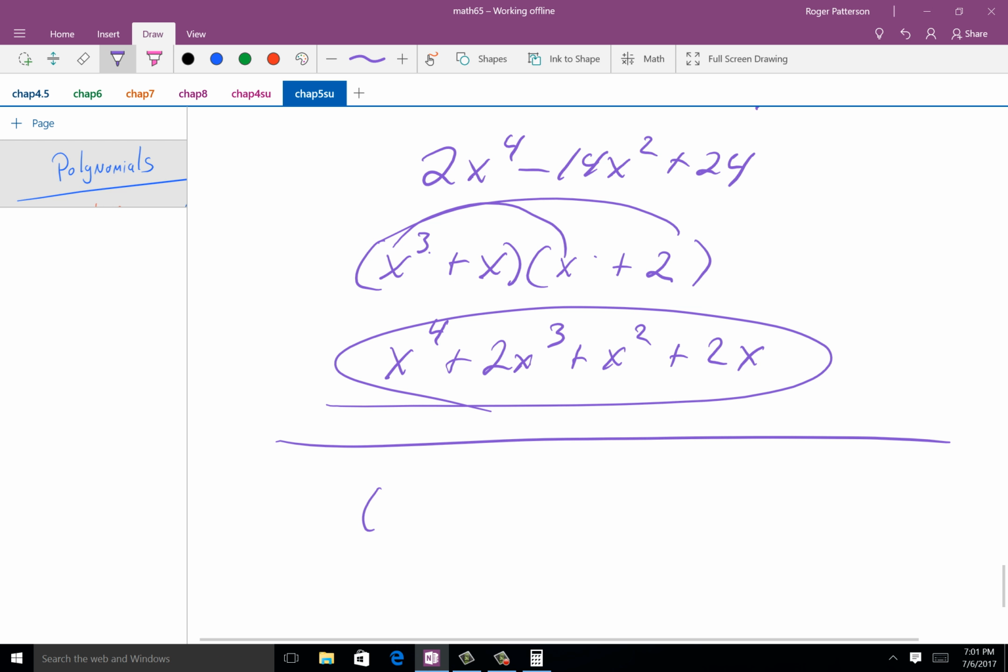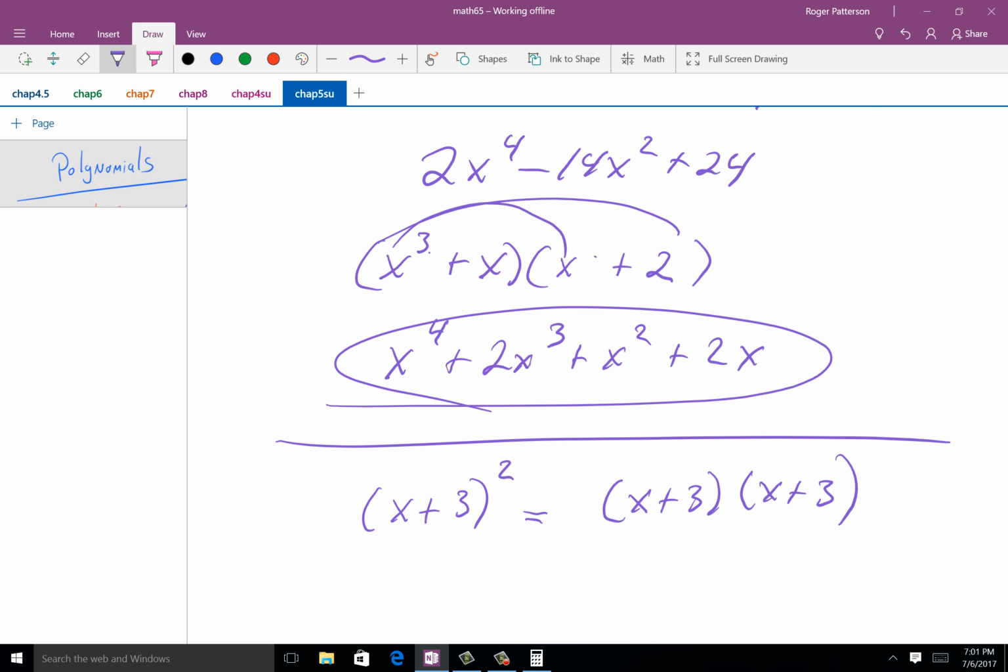The other kind of problem you'll see, and again, it's not that different from what we just did, is something written to a power like 2. If you understand what that means, what I always tell students is, if you see x plus 3 or anything to the second power, write it twice, because that's what that means.